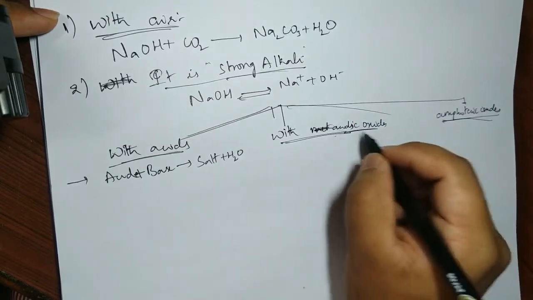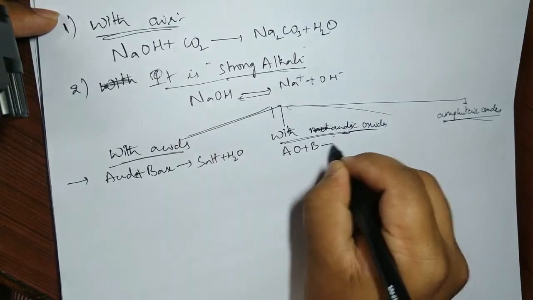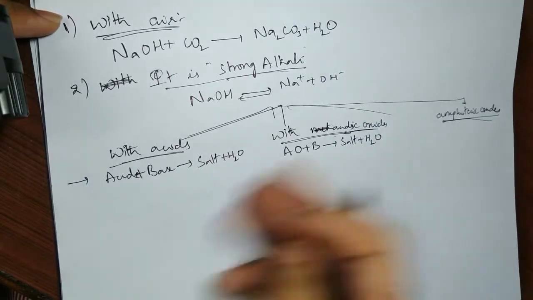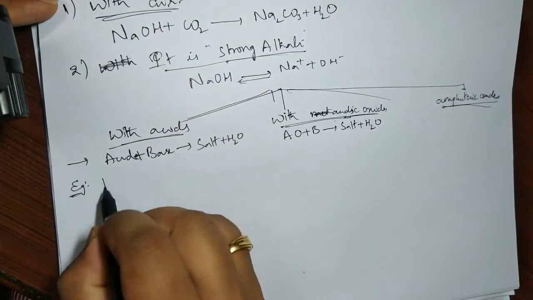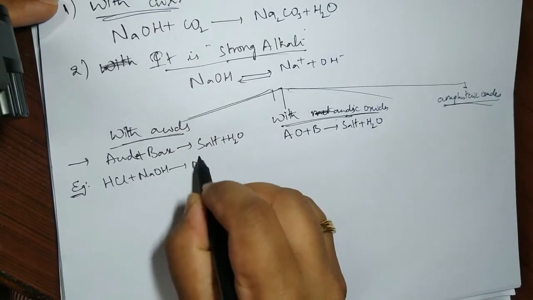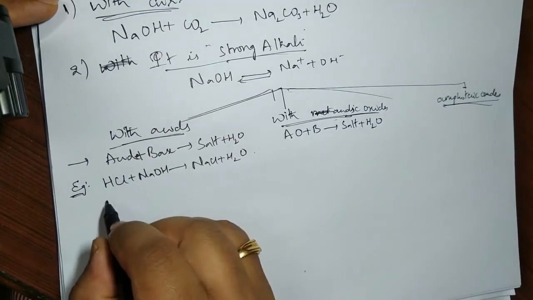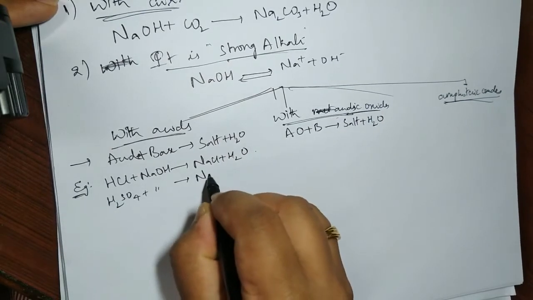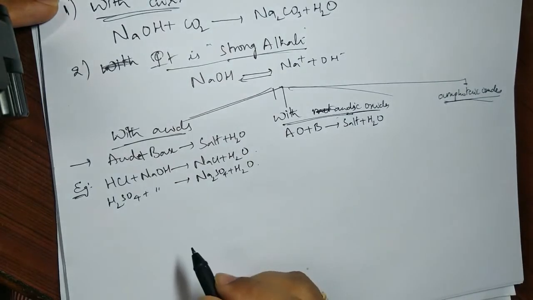Acidic oxides also form salt plus water with a base. So if I talk about HCl plus NaOH, what is the salt? NaCl plus water. Same if I take H2SO4 plus NaOH, sodium sulfate plus water, right?